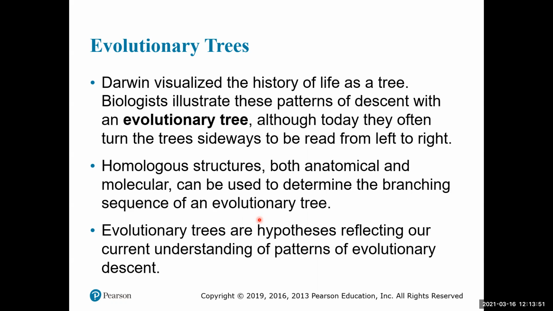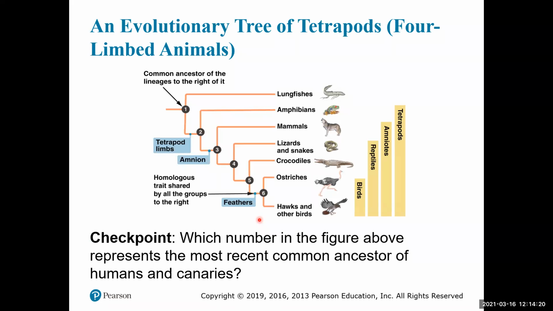And so these evolutionary trees, these phylogenetic hypotheses, are just that. They're hypotheses that reflect our current understanding of evolutionary descent and ancestral relationships. And these trees can change as our data and our understanding of these relationships changes as research continues.